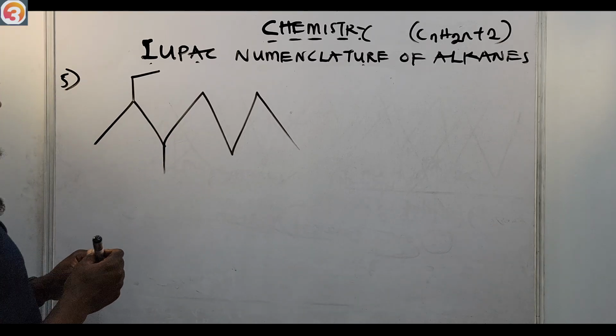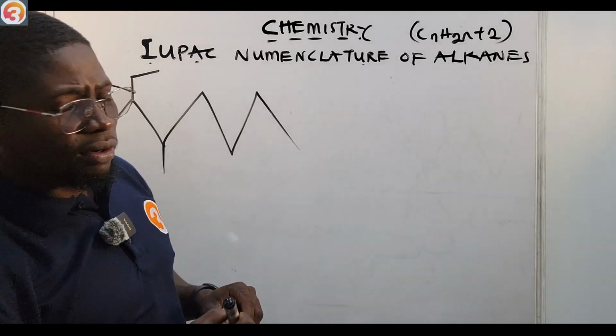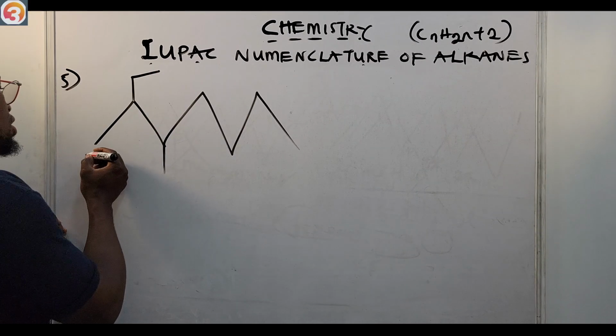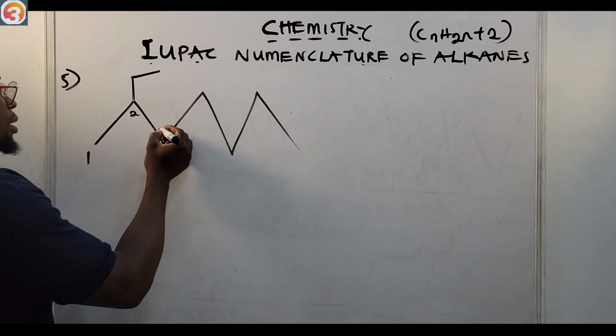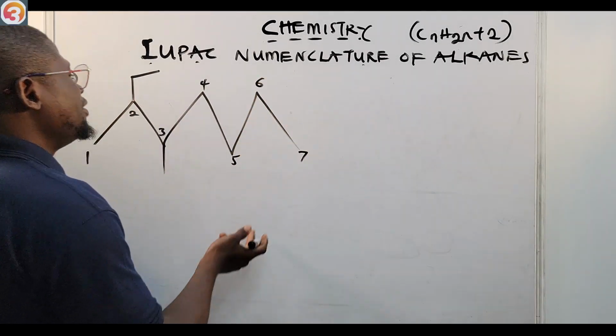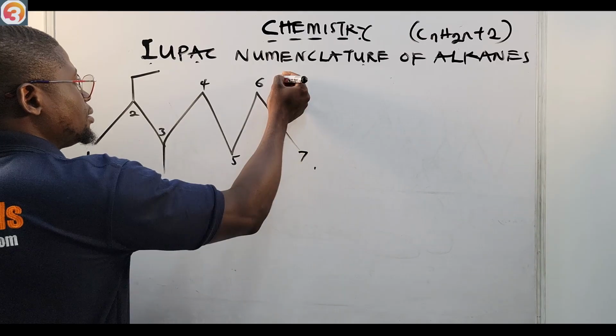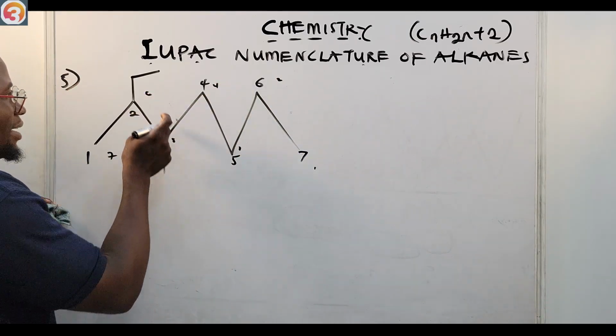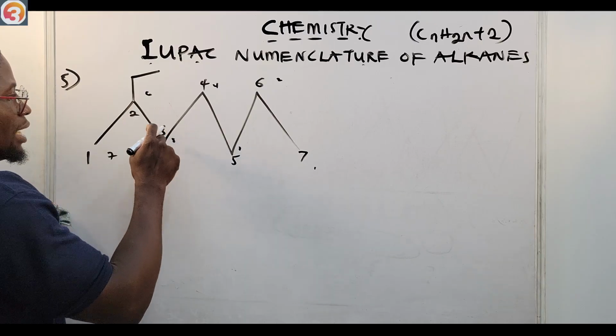All right, so now let us identify the longest chain of continuous carbon atoms, the number of carbon atoms in the parent chain. We number here 1, 2, here 3, here 4, here 5, here 6, here 7. If you number the other way, here will be 1, 2, 3, 4, 5, 6, 7, so instead of 5 and 6, we're going to have 2 and 3.